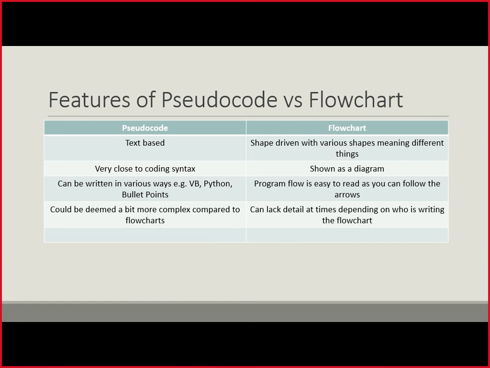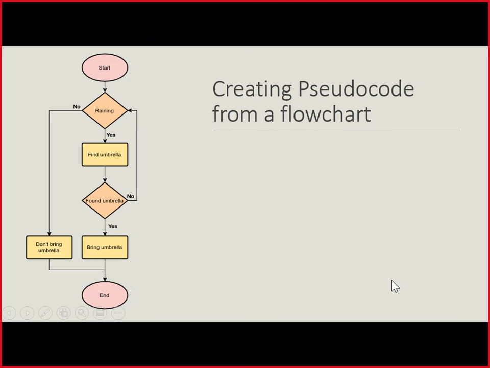Now, when we move on further, we'll look at this. We can see here that there is a flowchart that we're going to convert into a piece of pseudocode. Really easy, really straightforward. So, I'm now going to give you, let's just say, 3 minutes.